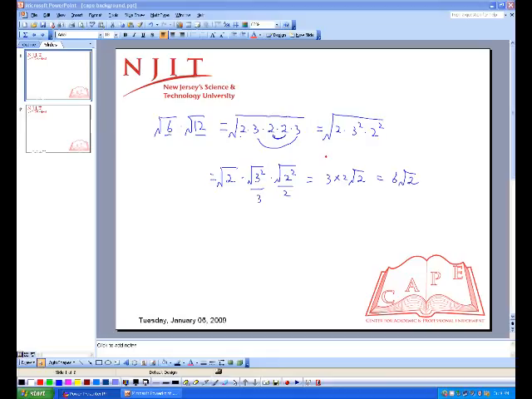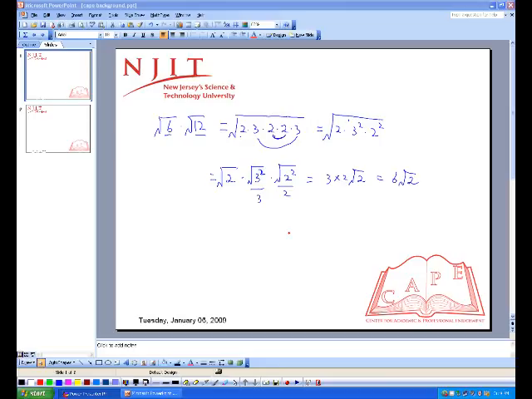And then if you do that, the square can cancel out with the square root, and you become a real number, and you free yourself from the square root. Well, anyway, that's how you do it. So it's 6 square root of 2.